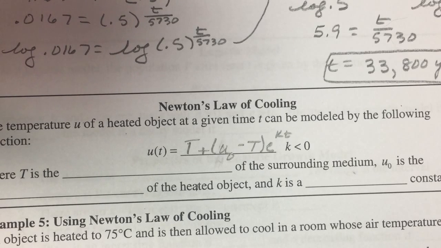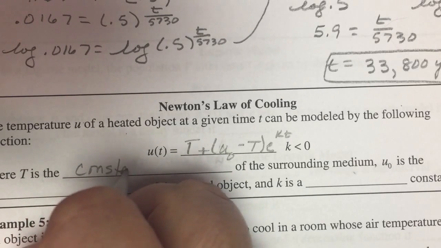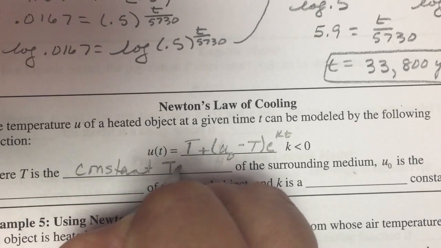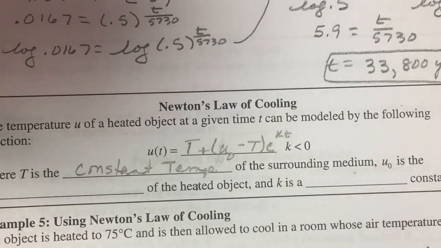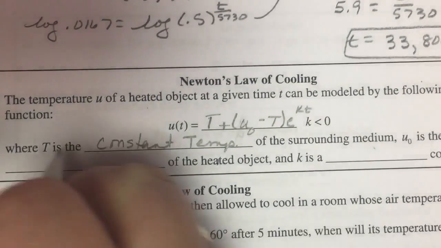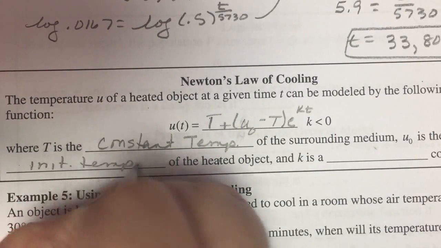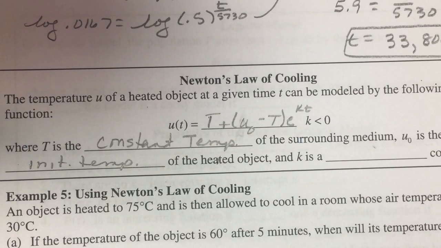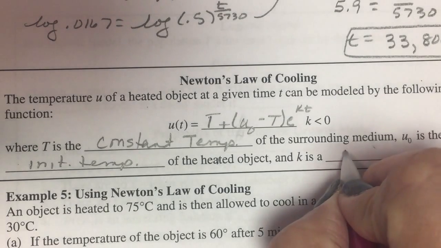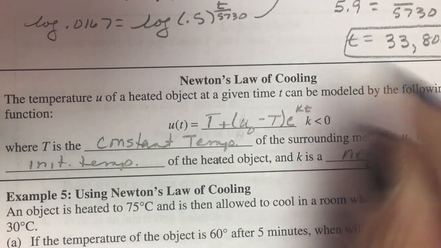so k is going to be a negative constant, where T is the constant temperature of the surrounding medium, U sub 0 is the initial temperature of the heated object, and k is a negative constant.